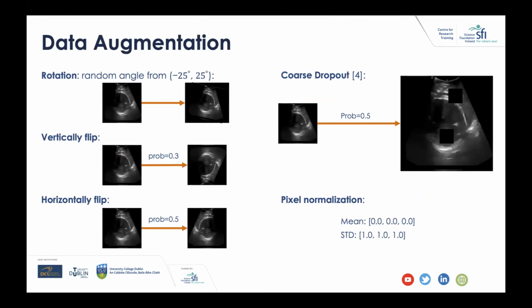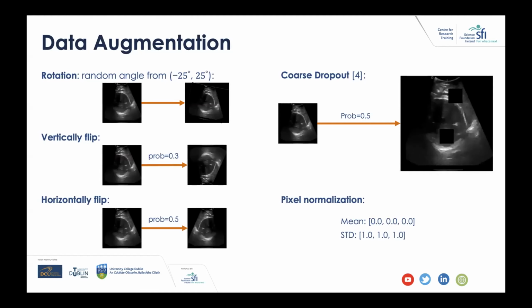About the data augmentation, we did a lot of experiments. First we started with common data augmentation, like rotation, vertical flip and horizontal flip, and we didn't increase the training dataset. The training data we are using is 4,000 images.